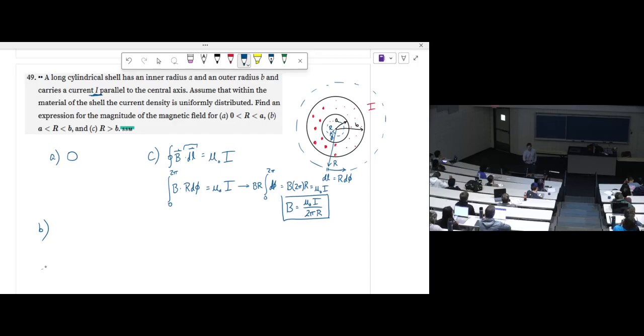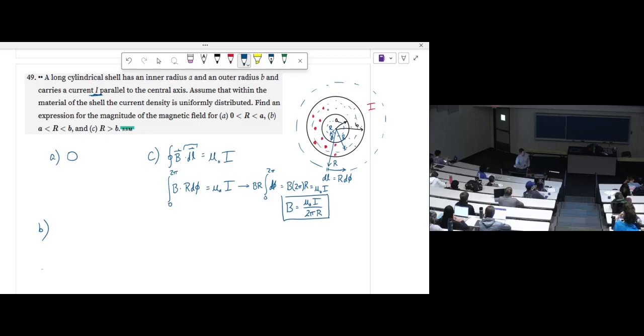Like if I look at this point right here, to be the radius that I'm integrating over, so call this r now, then I is all of the red dots, but I've only enclosed a fraction of them. I've only enclosed a fraction of the surface, the current.